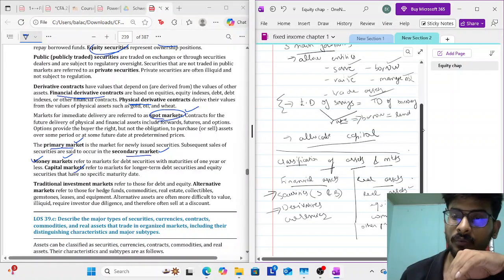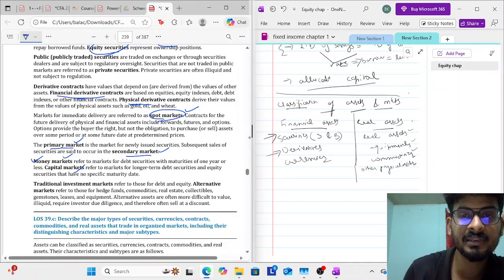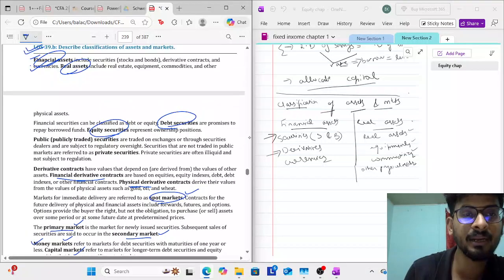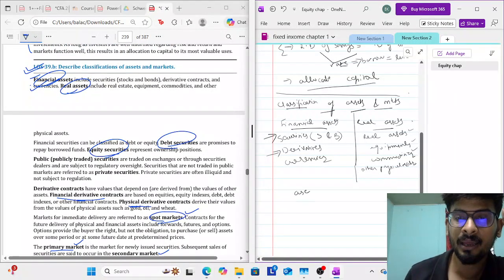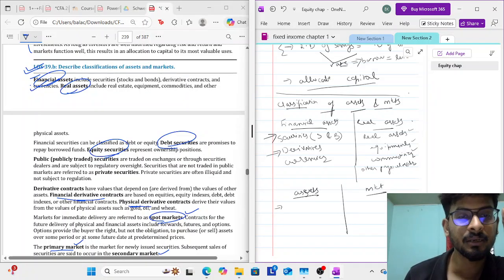So let's summarize. The topic was classification of assets and markets. If I want to classify on asset and market, you can take it down. Assets: what all did I learn? There are financial assets and real assets, what I cannot touch and what I can touch.